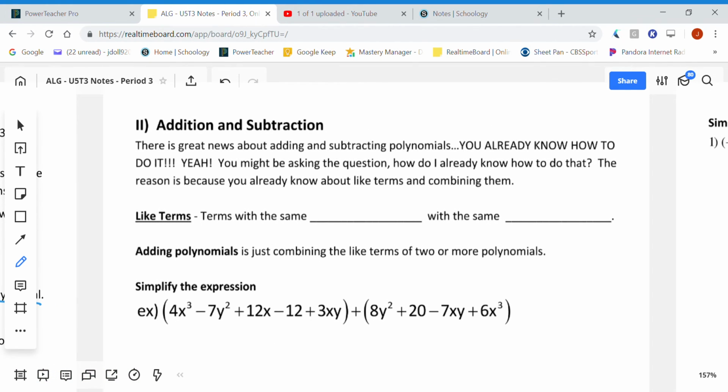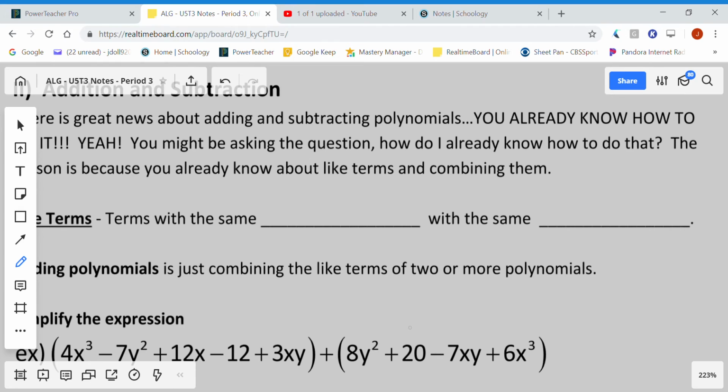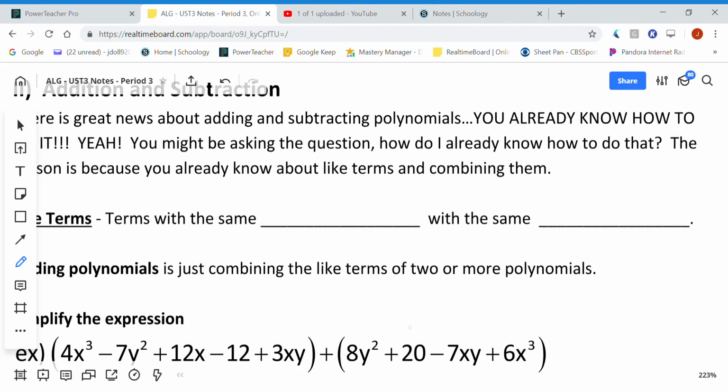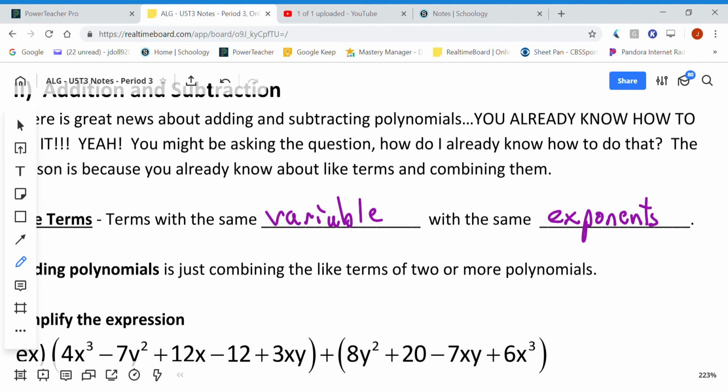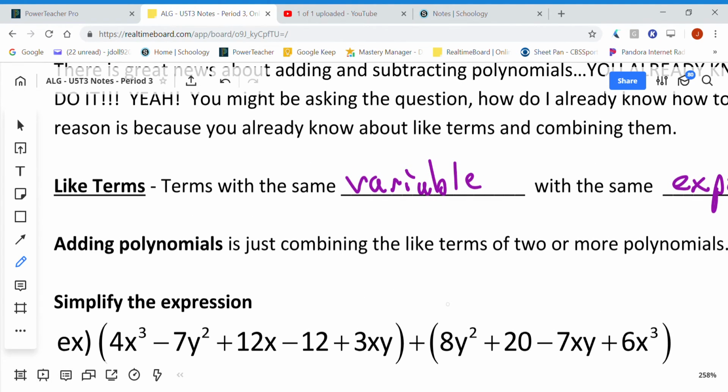So adding and subtracting is really, really simple, because you actually already know what you need to do. All adding and subtracting polynomials is combining like terms. Now, like terms are terms with the same variable, but also with those same exponents. So it's not enough just to have the same variable, they've got to have the same exponents.